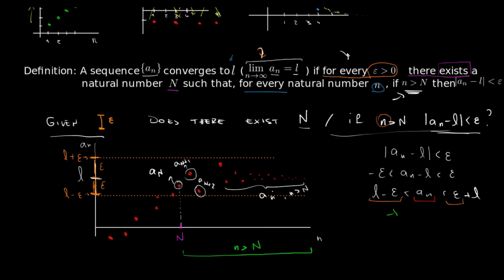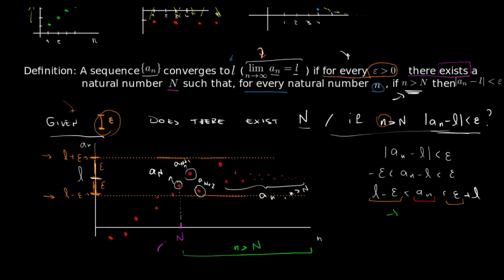And if you look at the plot, then we can say that all these numbers are between these two lines, the line L plus epsilon, and this one, the line L minus epsilon. So now what we should do is start moving the epsilon, because we took a particular epsilon and proved that there exists an n.